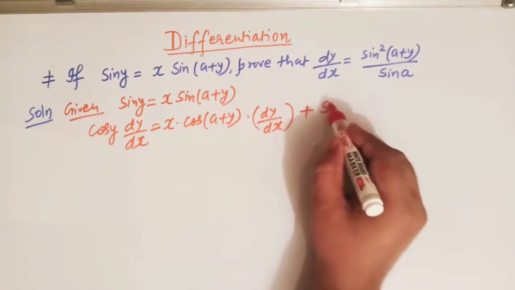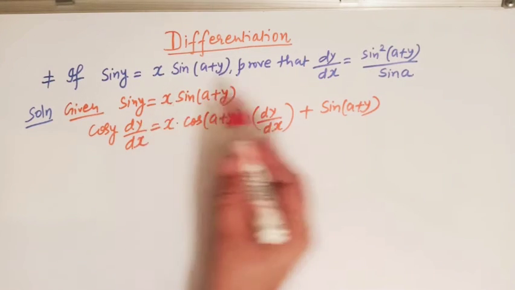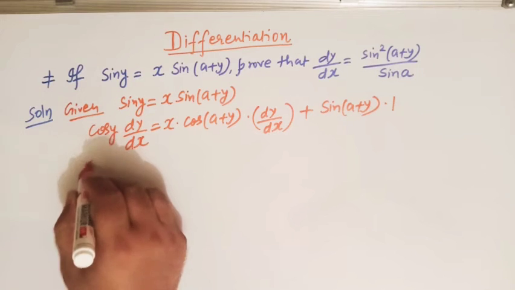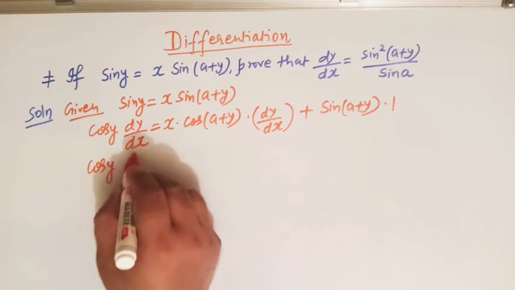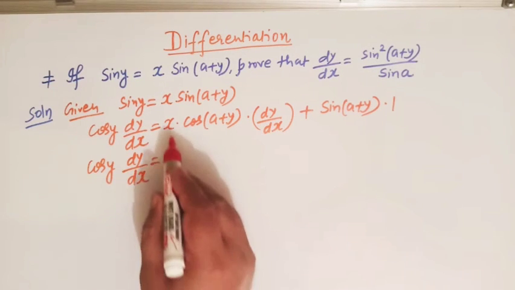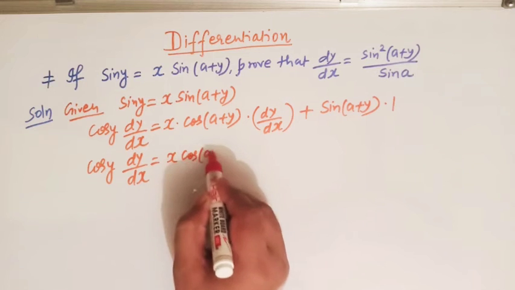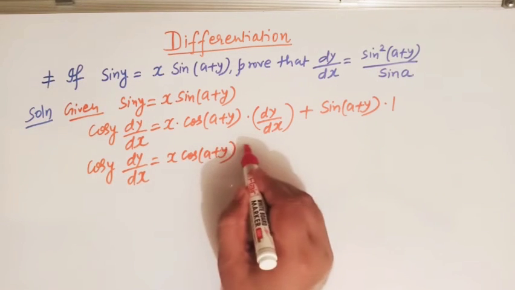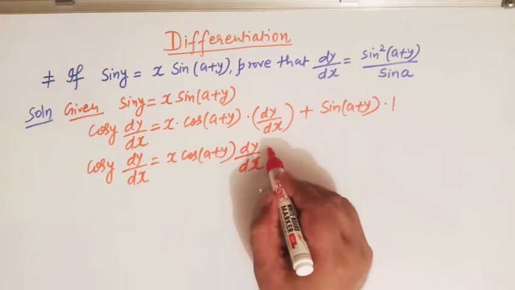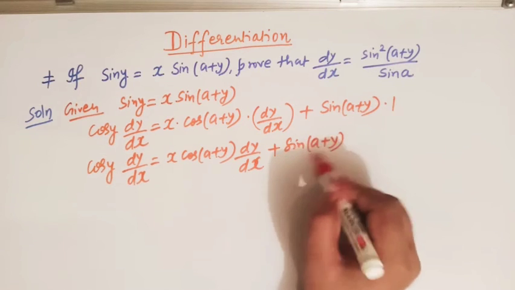Plus sin(a plus y), and the derivative of x is 1. Clear? So this is cos y times dy over dx, and here we have x cos(a plus y) times dy over dx plus sin(a plus y), right?